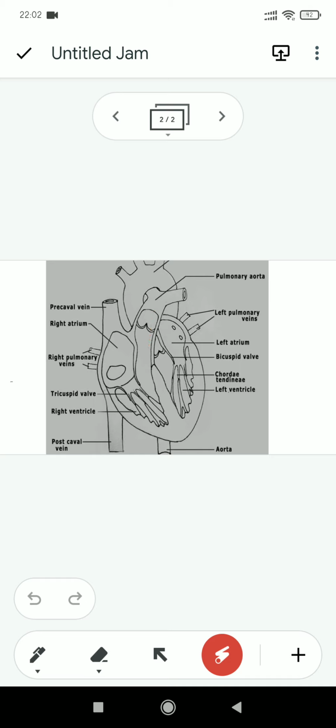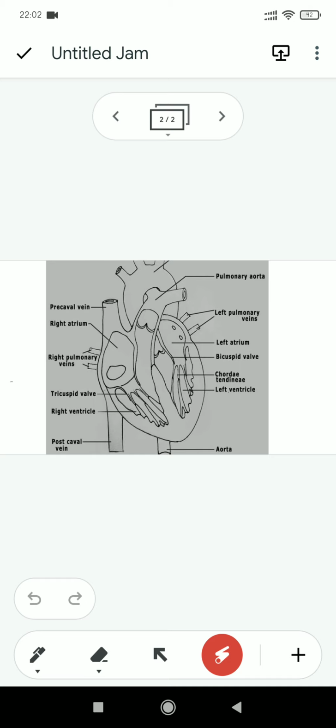As we all know, the lung has alveoli, and the alveoli help the deoxygenated blood, the blood that contains carbon dioxide, to convert into oxygenated blood with the help of diffusion.